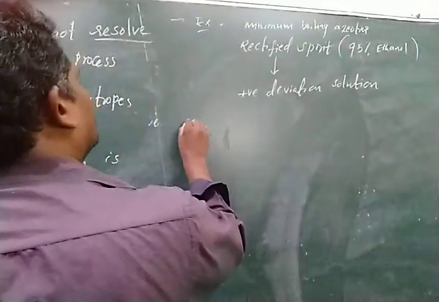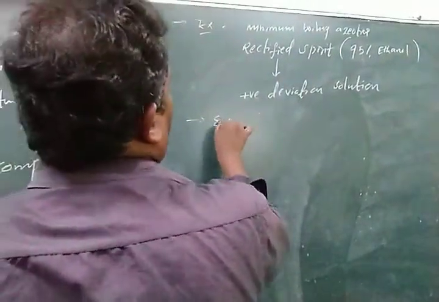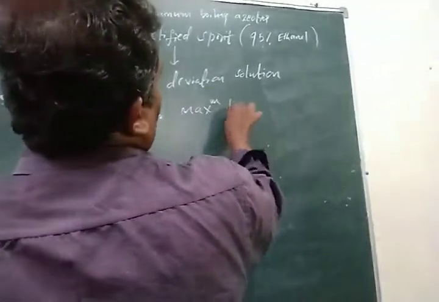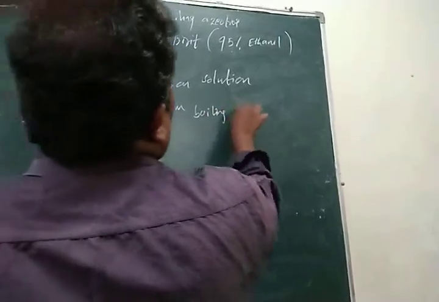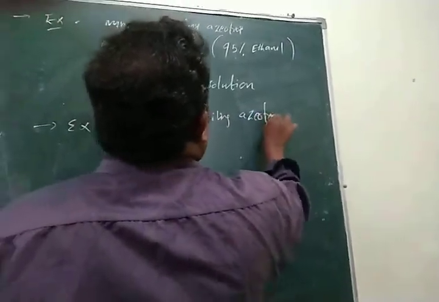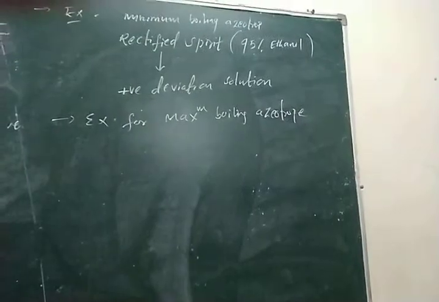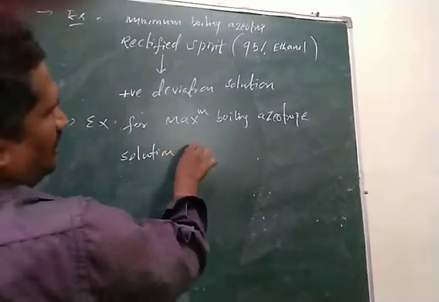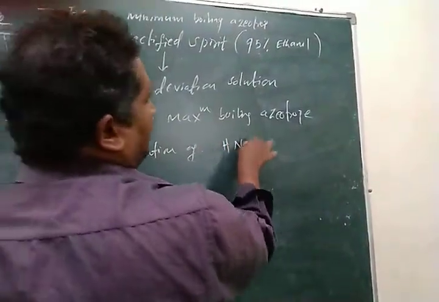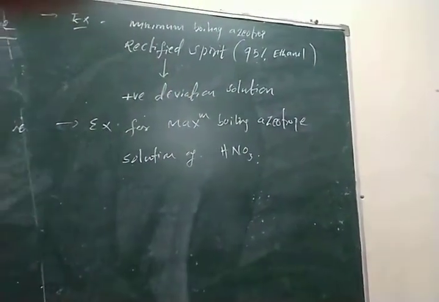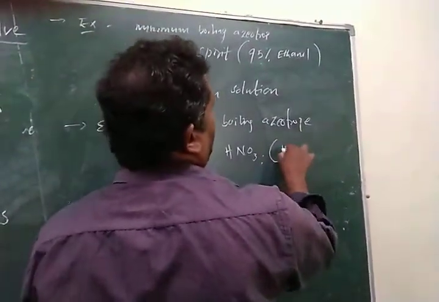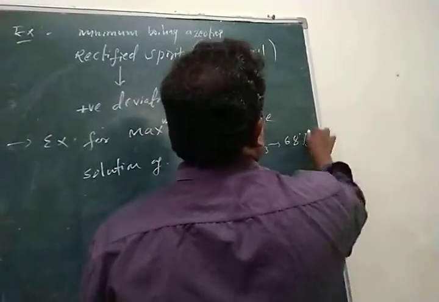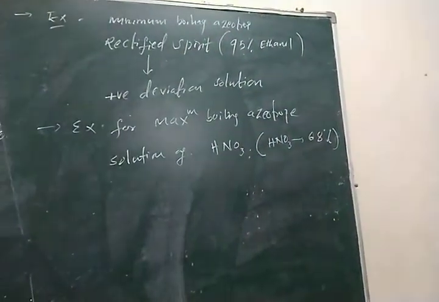And second, an example for a maximum boiling azeotrope. If you see the solution of nitric acid, in this HNO3 is 68%. Then the remaining percentage is water.